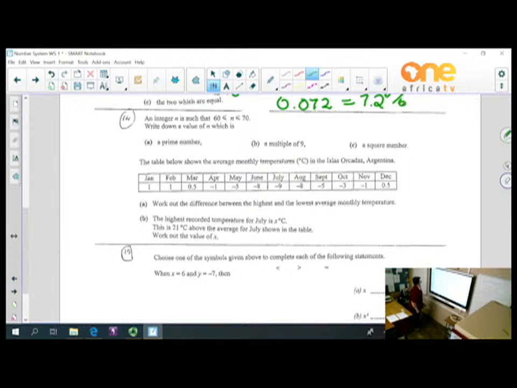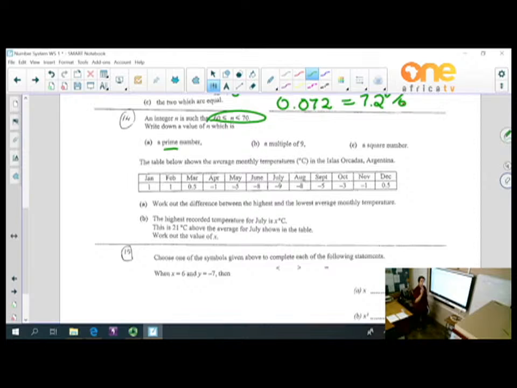An integer n is such that it lies between 60 and 70. Look, there's a limit. You must the whole time think of those numbers. Now we need to find the number which is prime in that list. What is a prime number? A prime number is only divisible by 1 and itself. 1 is not prime. 2 is the only even prime number.